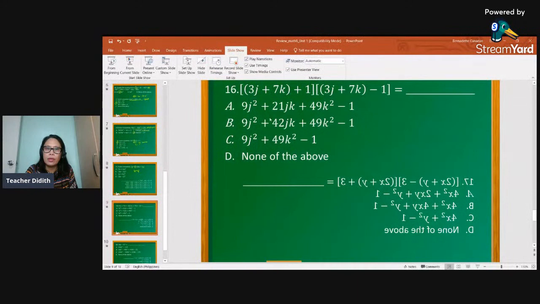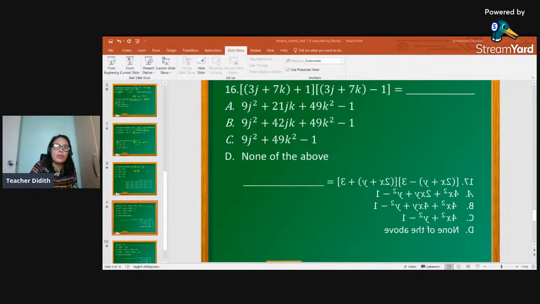Okay. So, for 16, as what I told you, problem 17 is similar with 16, no? So, this is again product on the sum and difference of the same two terms. Although you might be wondering again why we consider that as product on the sum and difference of the same binomial.